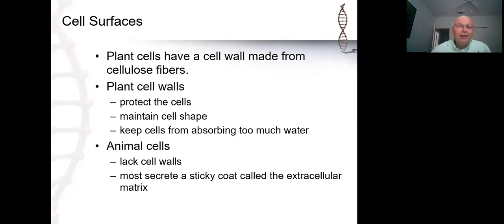Animal cells don't have cell walls, but they do have something called an extracellular matrix, which is a complex environment of fibers made out of complex sugars and proteins. There are lots of proteins that stick out of the plasma membrane into the environment and connect to the extracellular matrix.